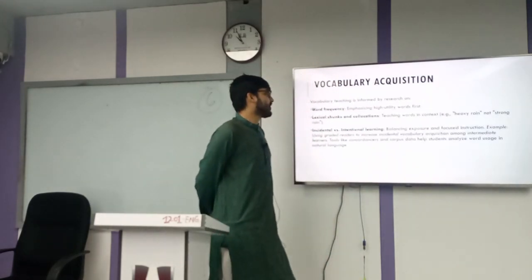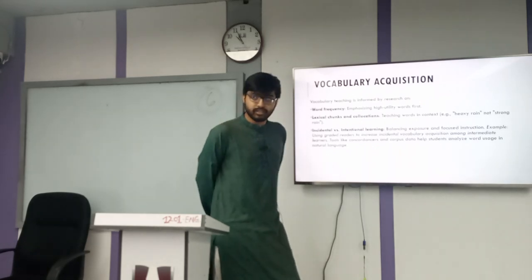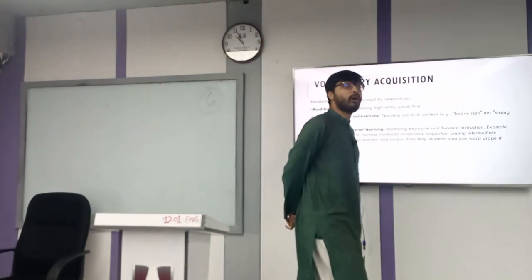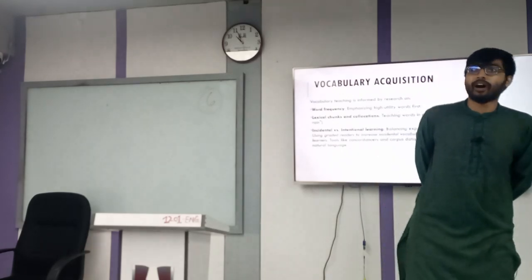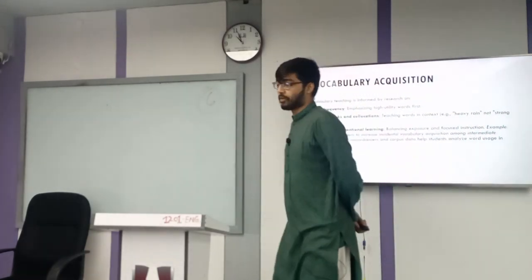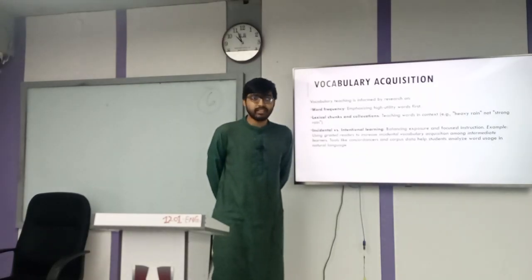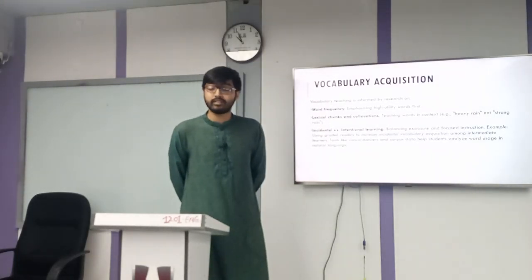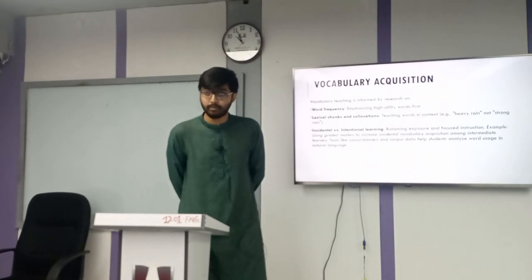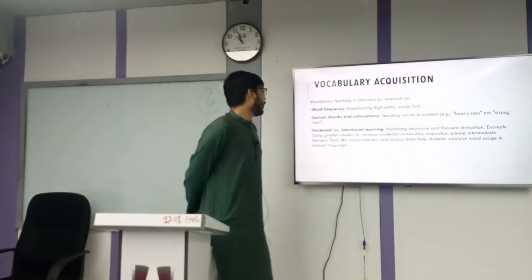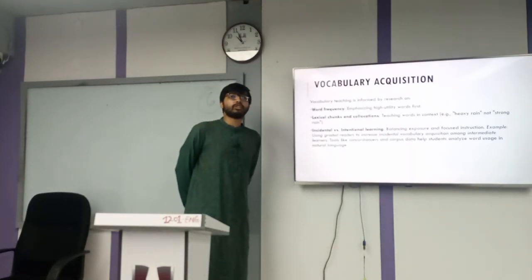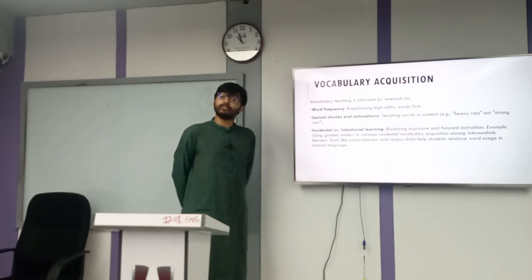So, emphasizing high utility words first. Then the democracy, socialism, Marxism, these kinds of words afterwards. Play, eat, sleep, these kinds of verbs first. Okay? So word frequency. The most frequent word should be learned in the first place.